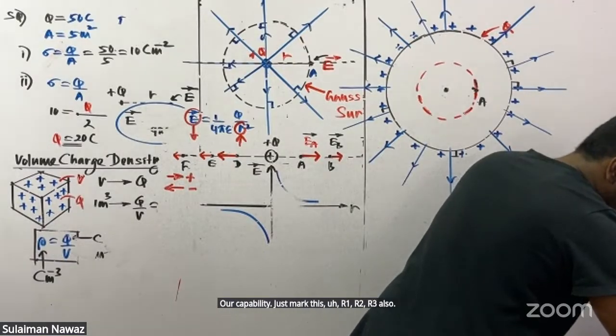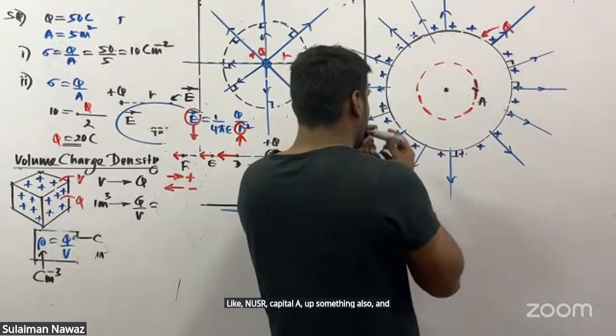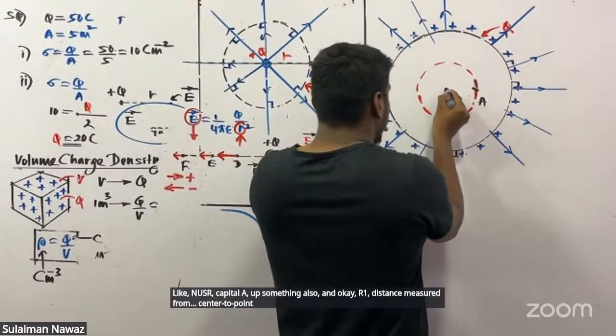The R1 distance measured from the center to point capital A is going to be, let's say, R1.